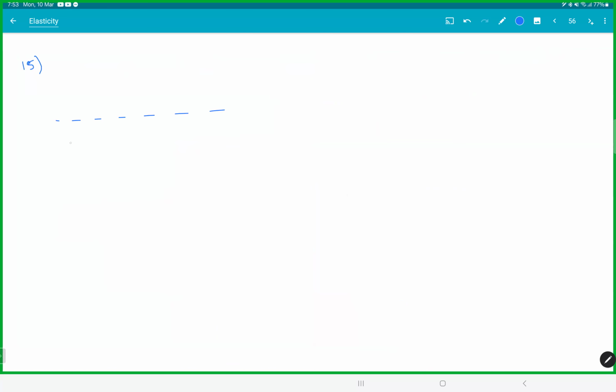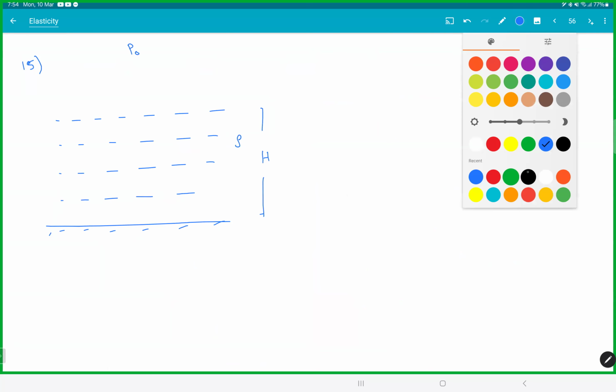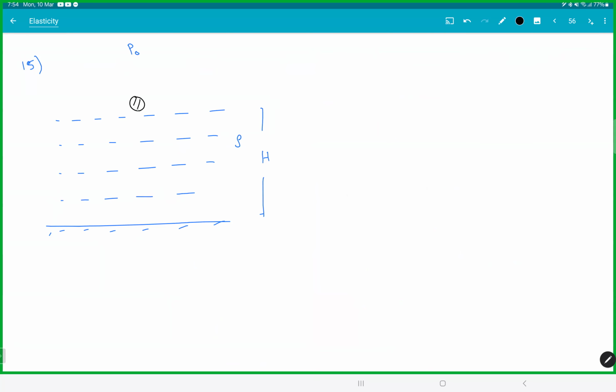Next one. Let's say we got a lake here. Depth of the lake is H. Density is rho. Outside pressure is P naught. We have a small ball here, radius R, bulk modulus B. You drop this into the liquid.